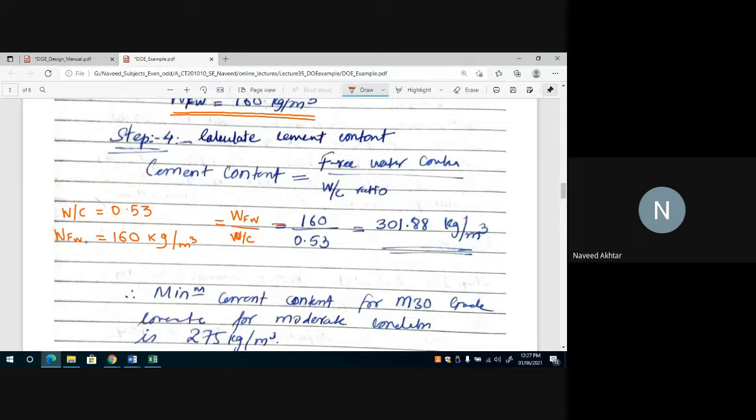It will give you the value of cement content. So when we calculate the cement content, the weight of cement is coming around 301.88 kg per cubic meter.